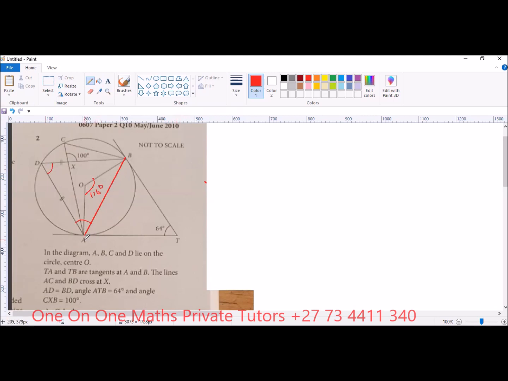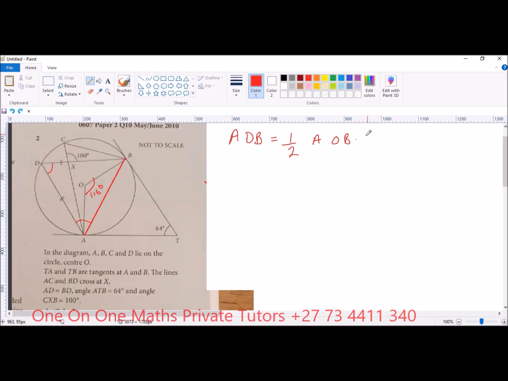So we can say ADB is equal to half of AOB, which is reason: angle at the center is twice at the circumference. You see, they are subtending the same arc.